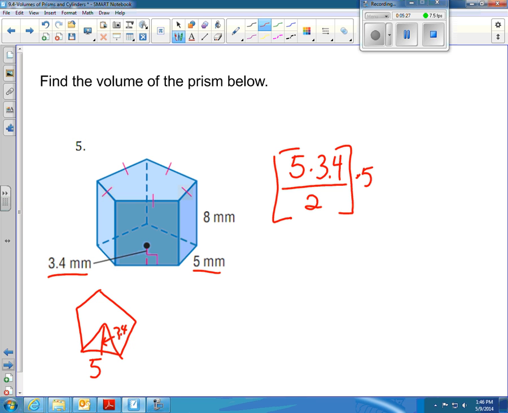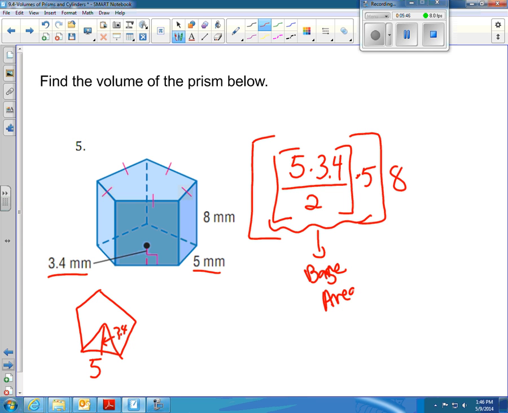There's 5 sides. And we're going to take that whole thing and times that by our 8, our height. So this part here is our base area.